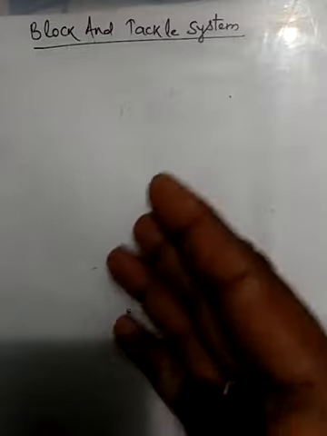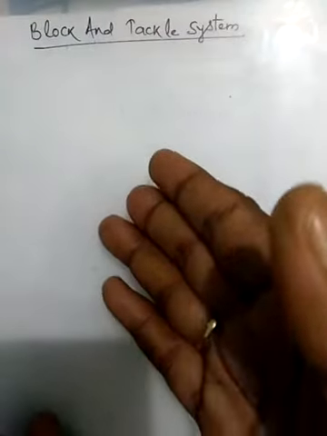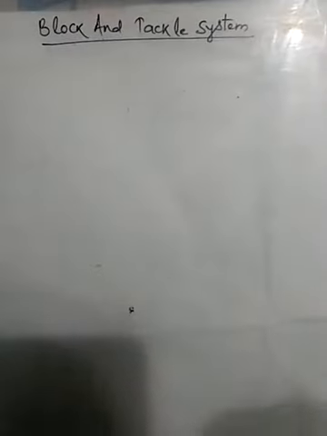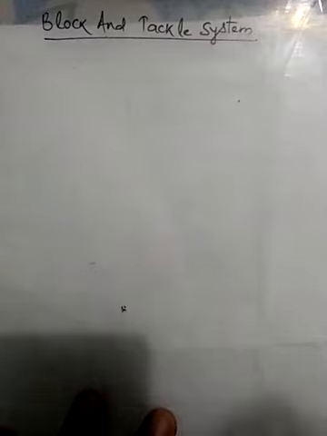In the previous section we have seen that two pulleys are attached with the fixed end and one pulley is attached with the load, which is the movable pulley. There are different conditions possible for the pulley system.